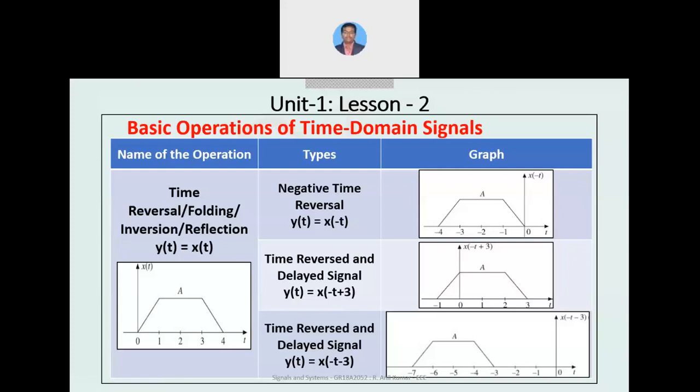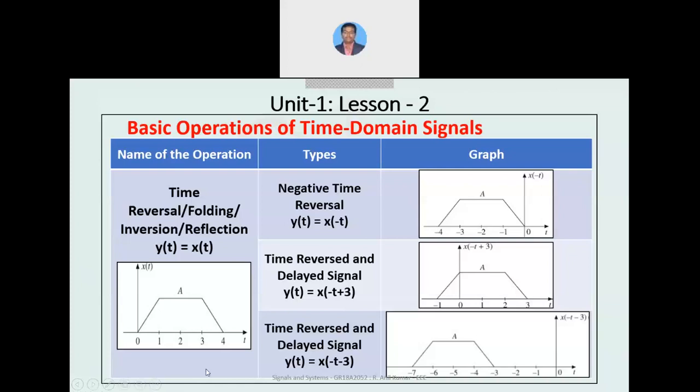So the minus t graph is being shifted by 3 units in the positive side. Plus 3, okay, 0 plus 3 just represents 0 shifted by 3 units. So we represent time with 0 and shift by 3 units for a given function.